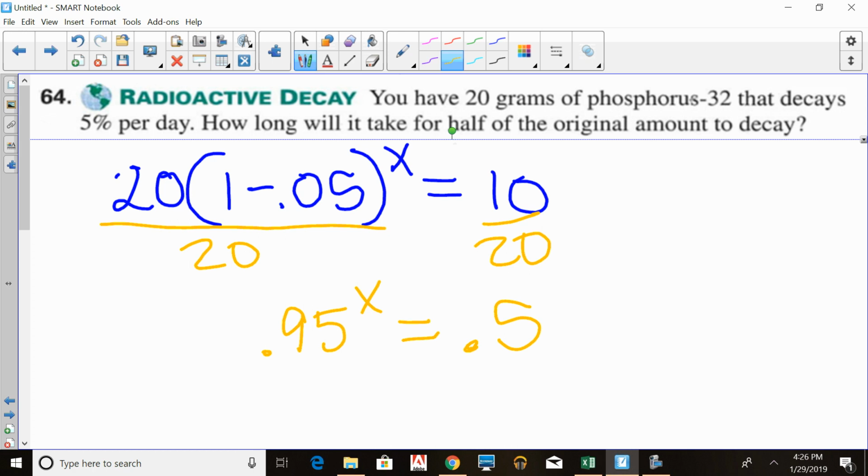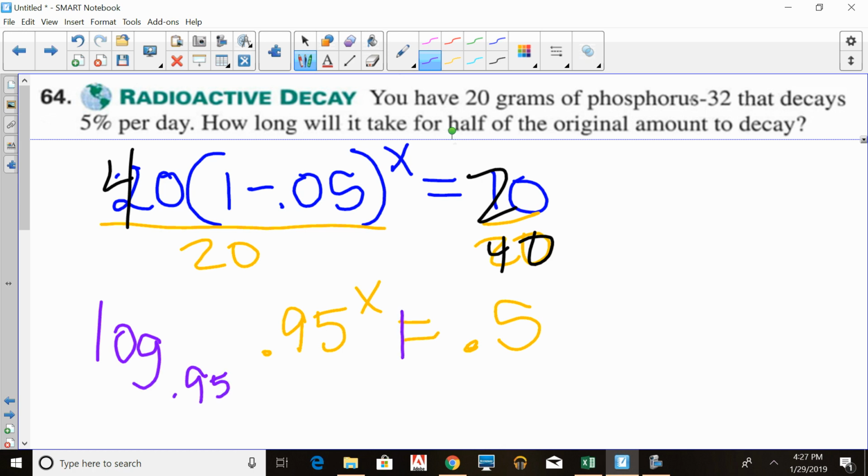Now, it wouldn't matter what this value was to start with. If you started with 40 grams here, then this would be 20, and when you divide by 40, you'd still get this equation of 0.5 because you're wanting half of it. All right, then at this point, because this is 0.95 to the x, to get rid of 0.95, you have to take log base 0.95 of both sides.